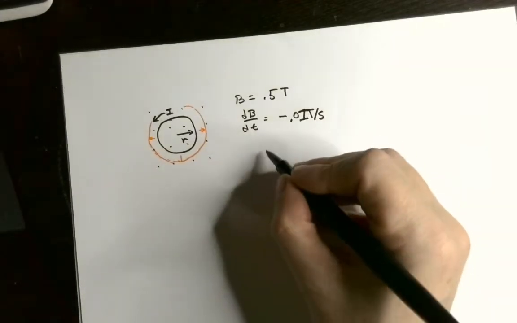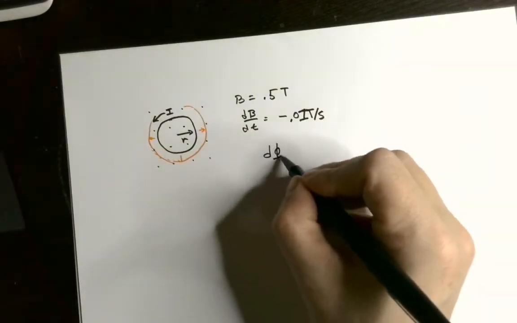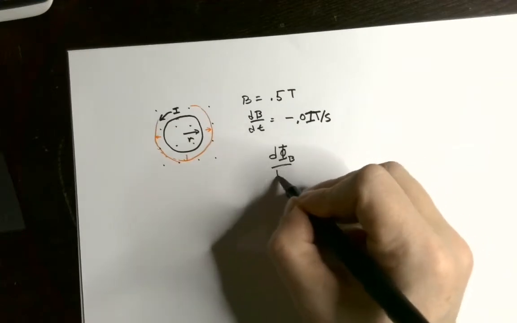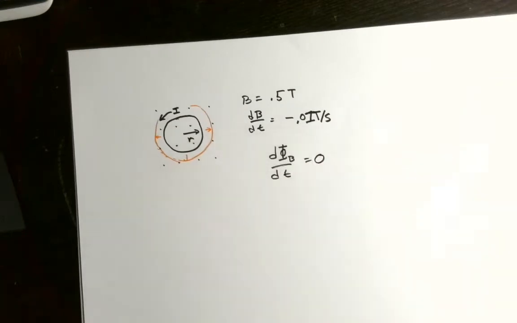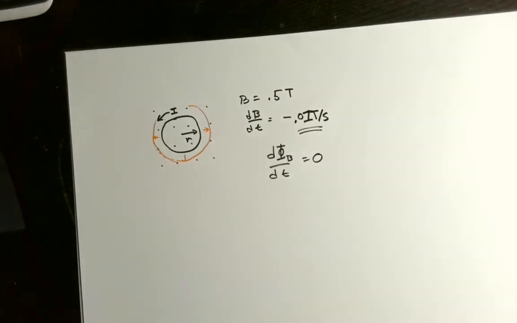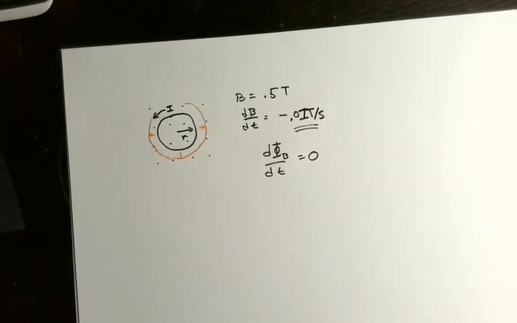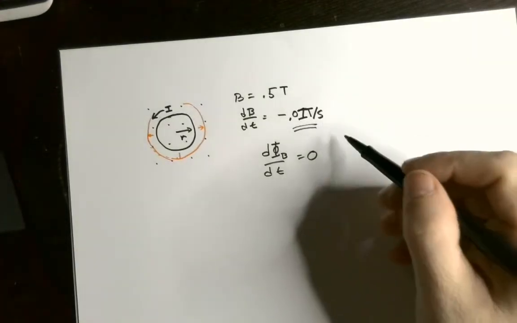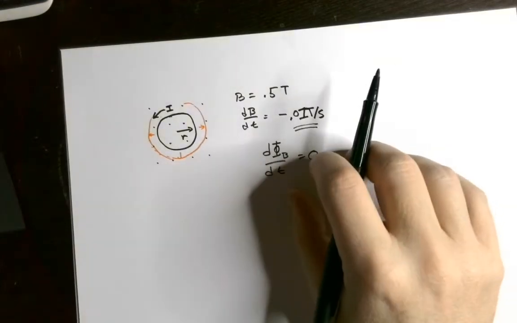But a better thing to realize is we want the rate of change of the flux to be equal to 0. We want no net change in flux, which means we just need to conspire to change the magnetic flux by exactly this amount. So how do we set this up?